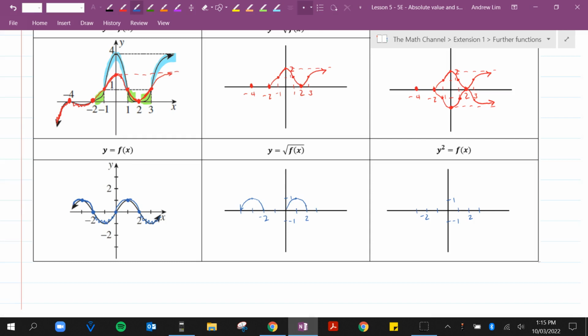However, for y squared is equal to f of x, it's going to be exactly the same thing, except it's going to be reflected across the x-axis as well, because we need the positive and the negative. So I'm just going to add in that one more here. Something like that.